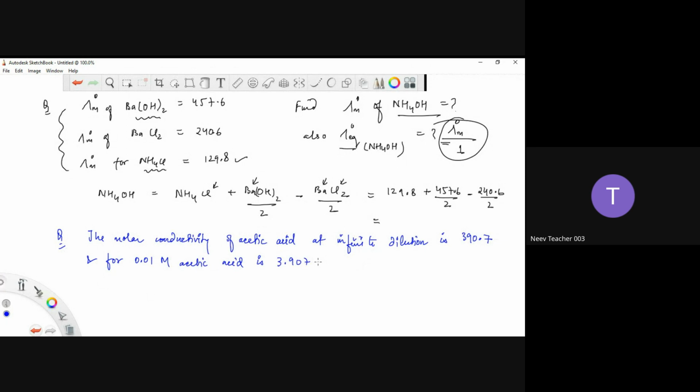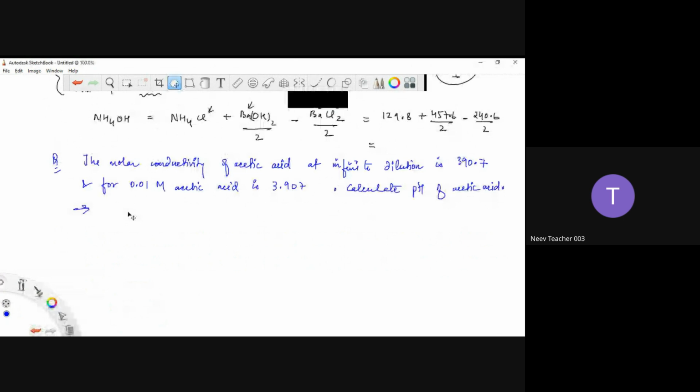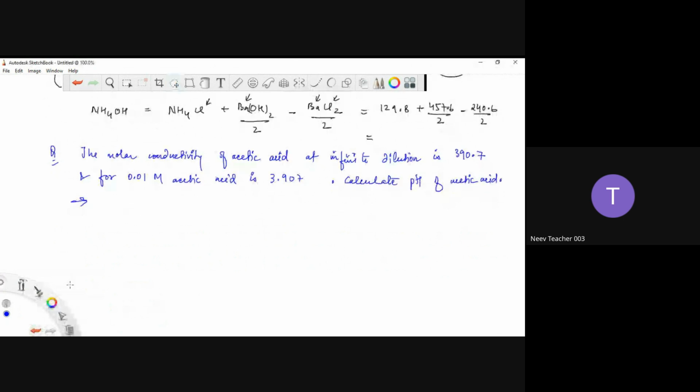Both are of the same unit only. Now calculate the pH of acetic acid. So what will be the pH of acetic acid? Then you need to find. Do it.